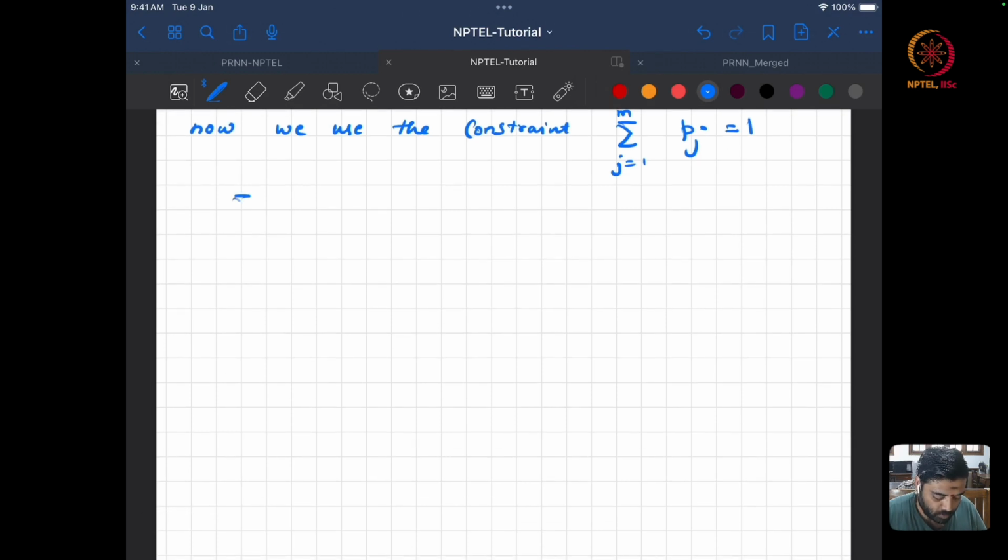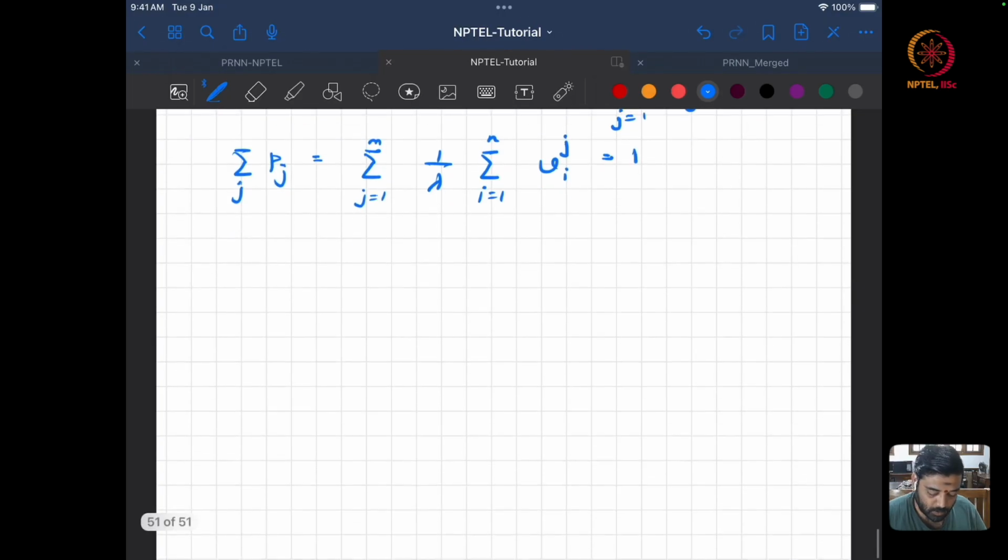Therefore, the summation j equals 1 to m of 1 over lambda times the summation i equals 1 to n of Vij equals 1. Now I can rewrite this as lambda equals the summation j equals 1 to m.